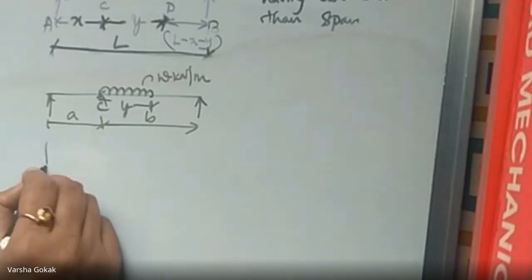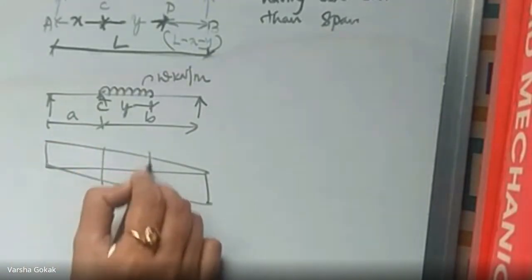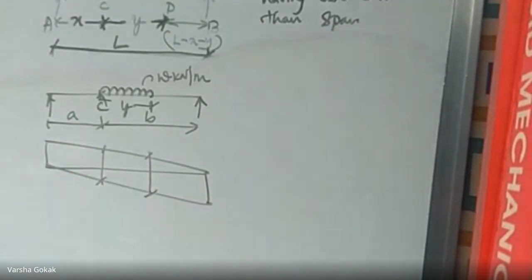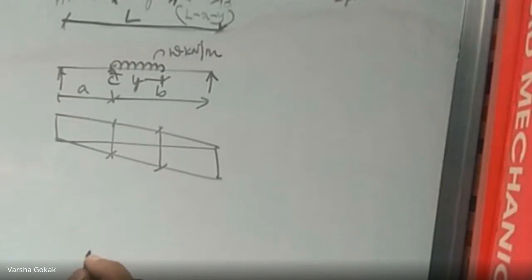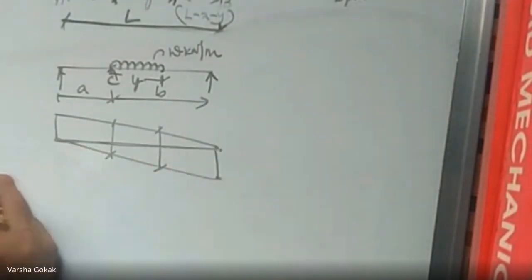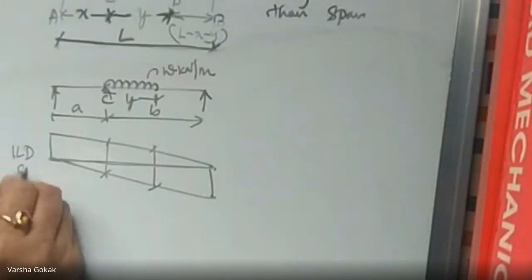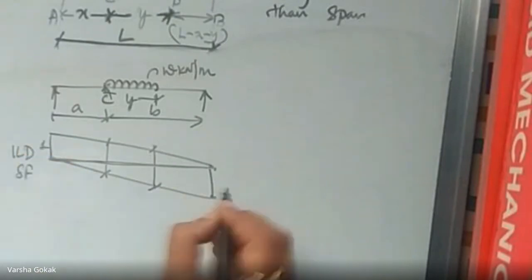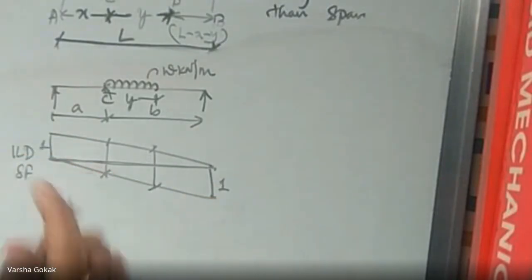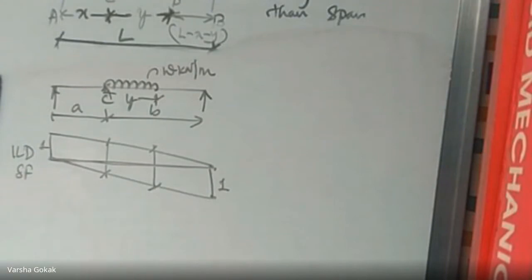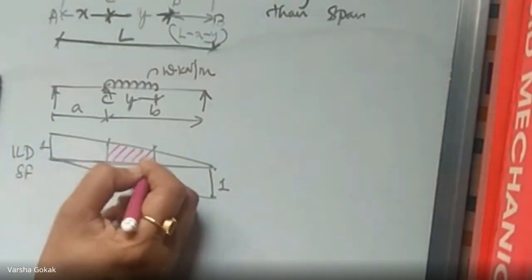Again, the diagram is going to be like this. Am I right? Are you following the standard influence line diagram for shear force with unit here and unit here? So this is how it is. When we are dealing with positive shear force, I will consider this area.